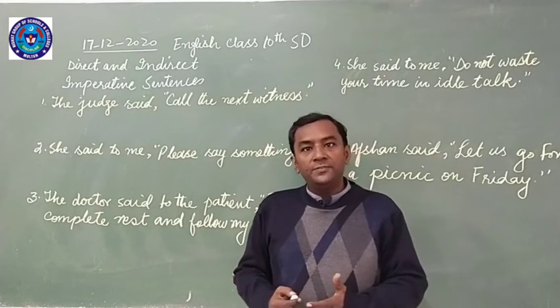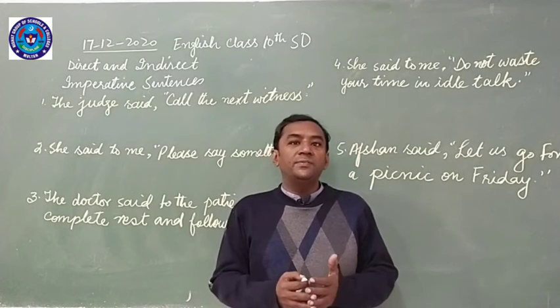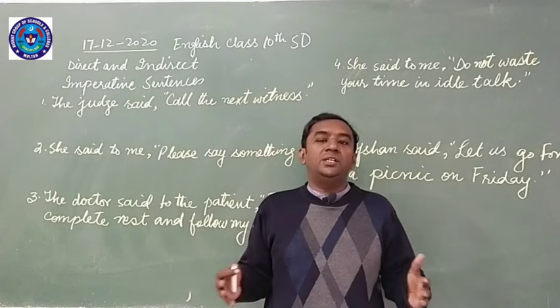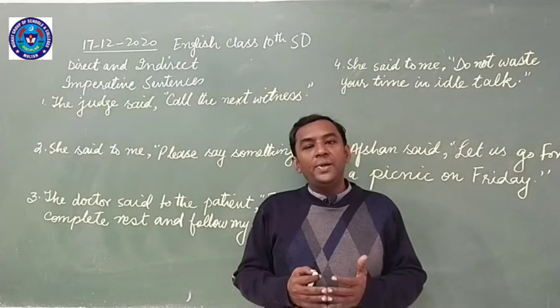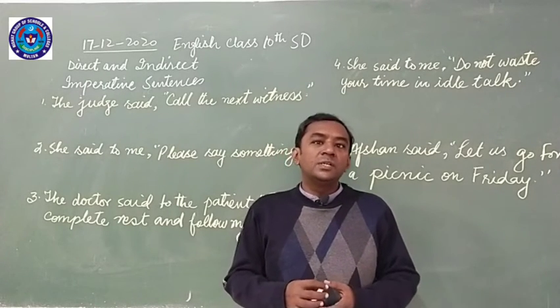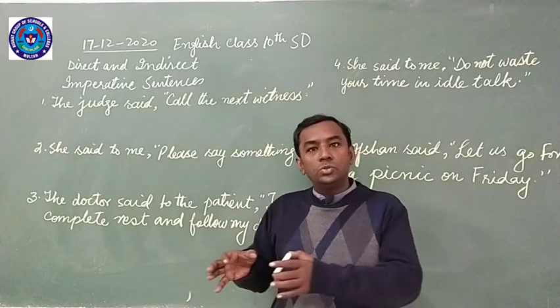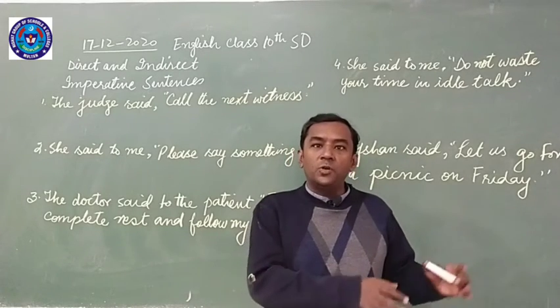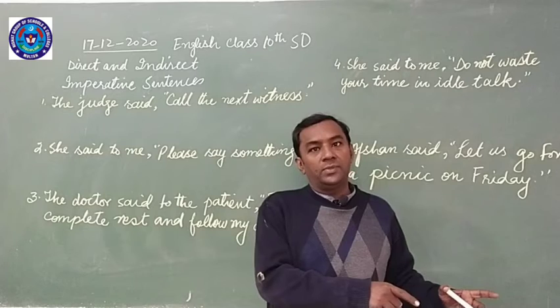Dear student, first of all, you must be aware of imperative sentences. Imperative sentences are those sentences in which we have some order to do something, or we have been forbidden from doing something.